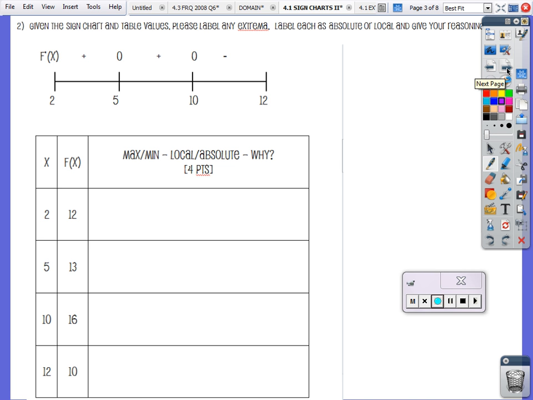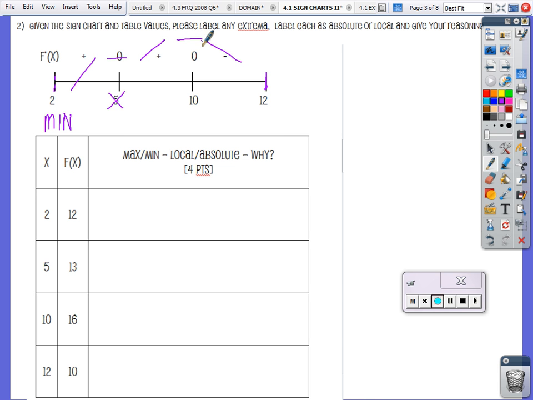Let's see. Things that you have to notice, there's endpoints here. So this is the endpoint at 2, and this is the endpoint at 12. I can tell by looking at the graph we went up, flattened, down. So this must be a minimum because we went up, we flattened, but then we kept going up. So this is nothing.